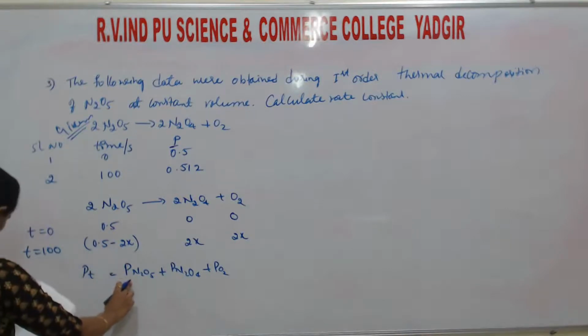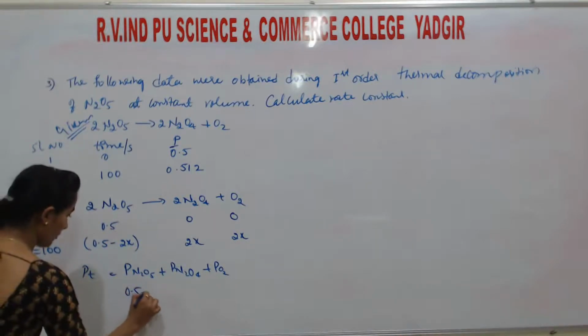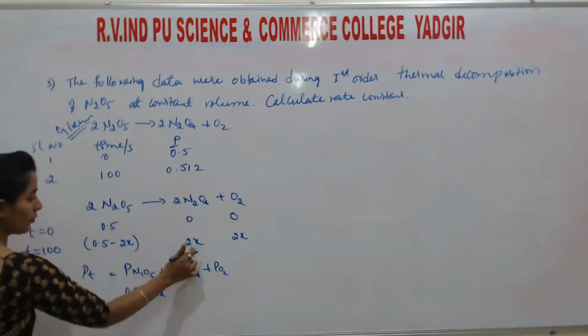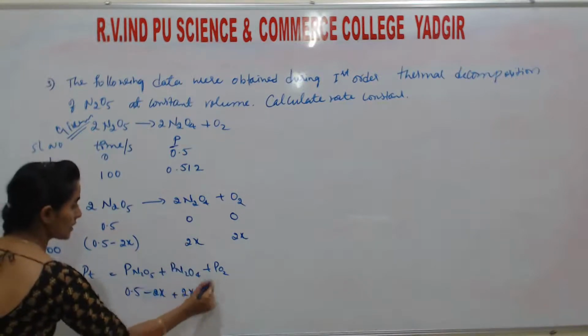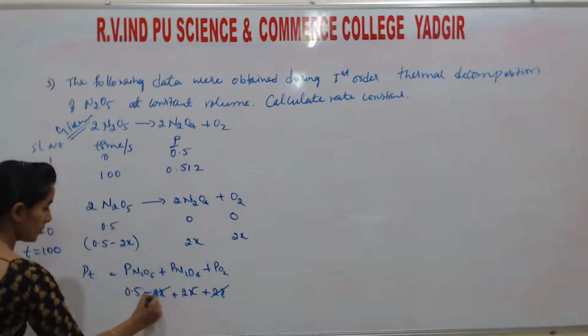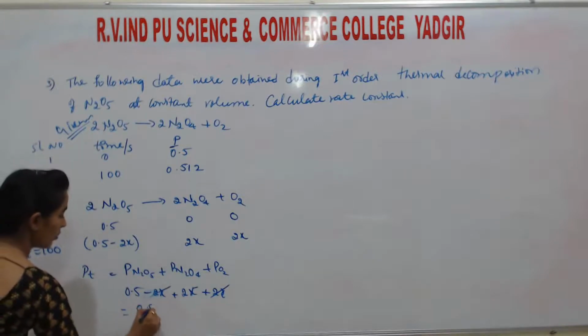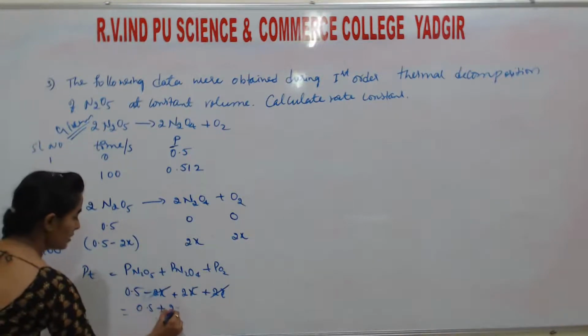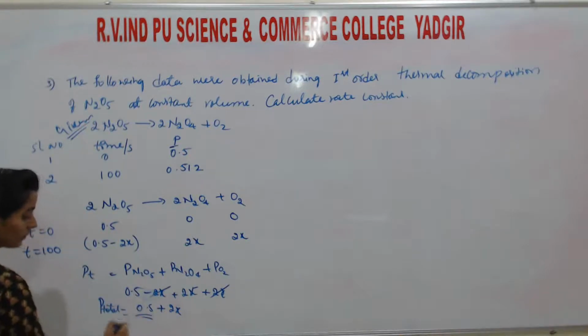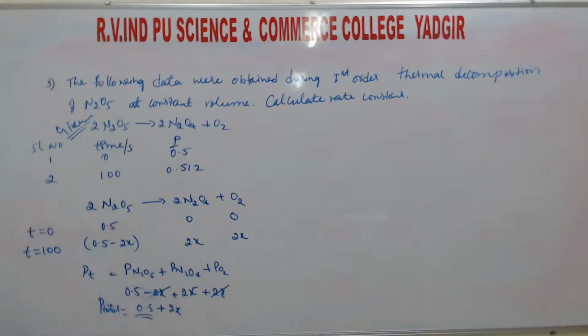P of N2O5 is 0.5 minus 2x. P of N2O4 means 2x. P of O2 means x. So 2x gets cancelled, that means it is 0.5 plus x. That is P total.